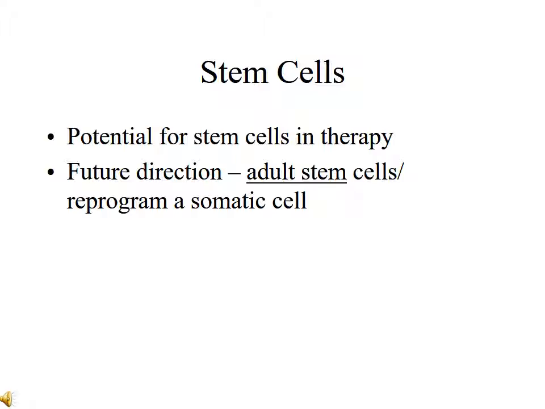Secondly, the future direction of stem cells probably will be in reprogramming a cell to do what it doesn't normally do. For example, to go to a muscle cell and get it to divide. That would be basically reprogramming a cell. Long term, this is going to be a possibility, and this is an area all of us should really keep track of.